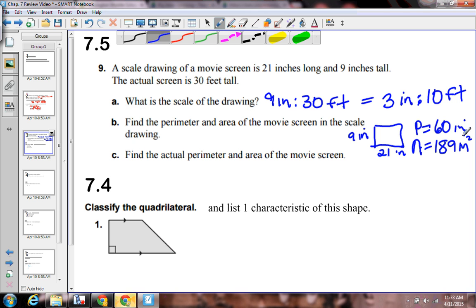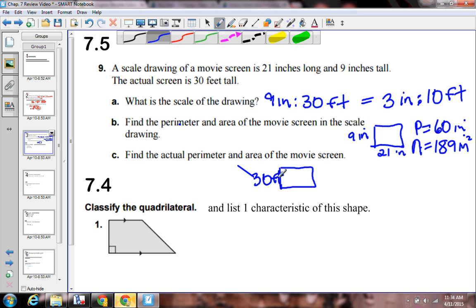Okay, and let's draw a picture for our actual perimeter. So if the model was 9 inches, and every 3 inches stands for 10 feet, we have to take 9 and divide it by 3, and multiply that by 10. So this is 30 feet high. And we want to do the same for the width.